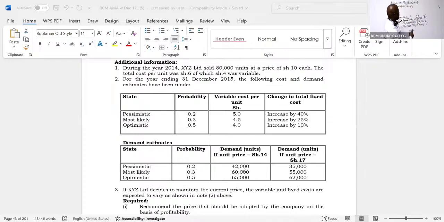So times 42,000 minus the fixed cost under pessimism. Fixed cost under pessimism is 224,000. So go ahead, ladies and gentlemen, and give us an answer there.